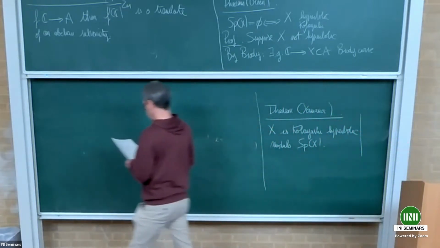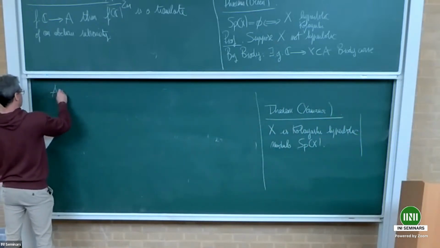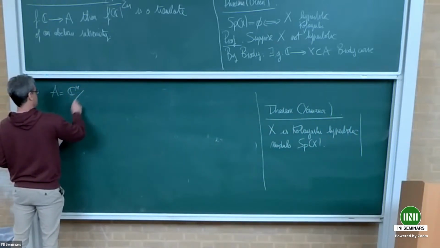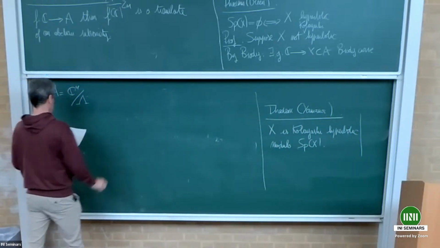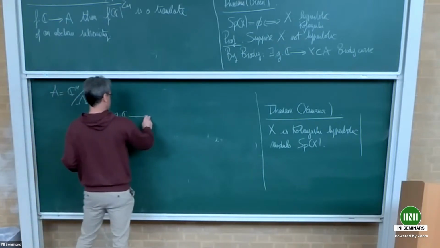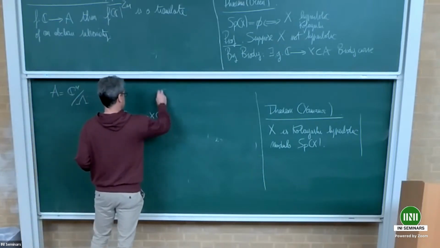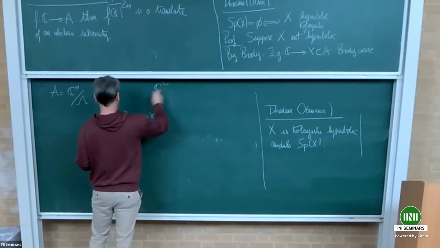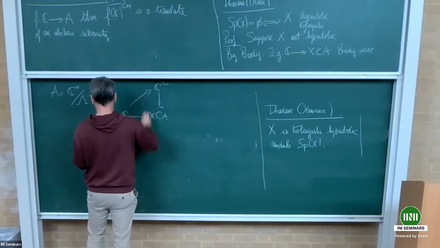So A is a complex torus, and g lifts to C^n.